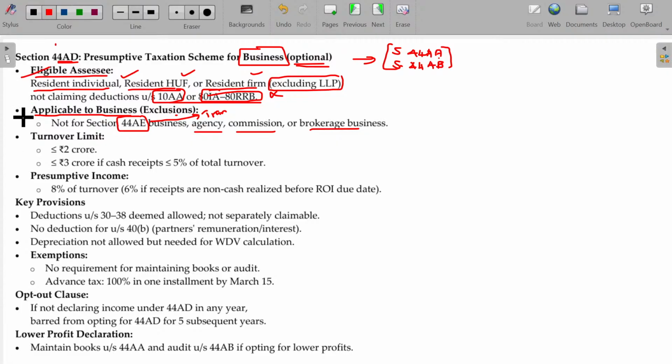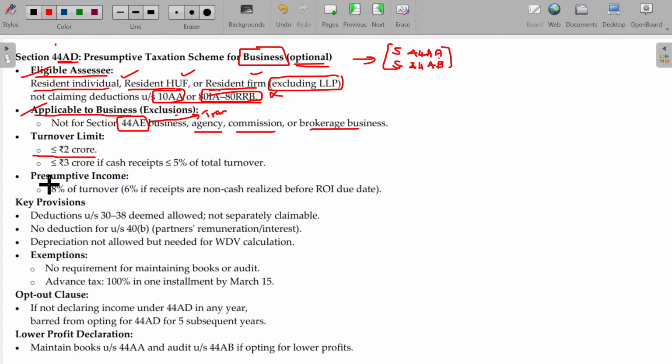And turnover limit. This will be applicable where the turnover is less than or equal to 2 crores. So if I opt for 44AD, I don't want to go for 44AB. You know that compulsory audit is required if the gross sales is more than 1 crore. More than 1 crore gross sales, then automatically audit is a must.